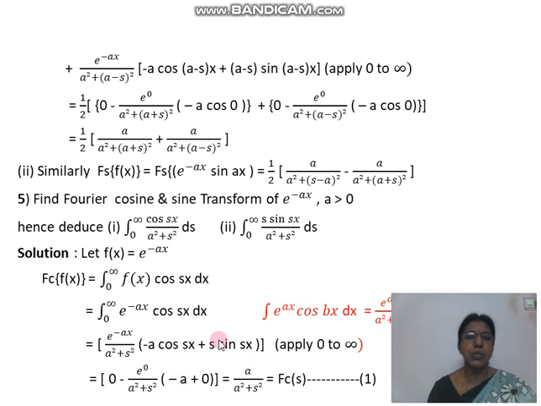Sin 0 means 0, so the second term is 0. Now minus e power 0, which is 1, minus 1 by this value into minus a. Minus 1 into minus a means a by a square plus s square, which is the Fourier cosine transform of f of x. Another symbol is FCS. Okay, this is equation 1.